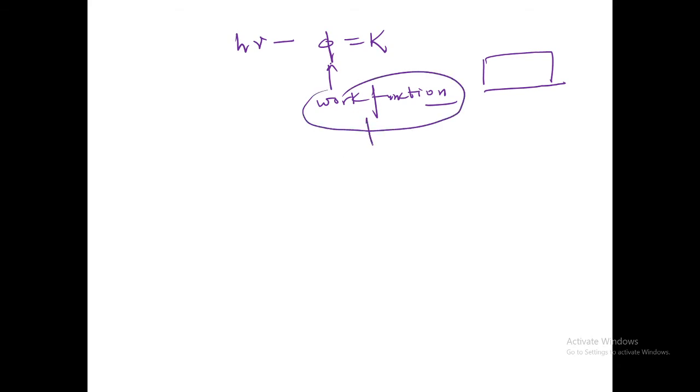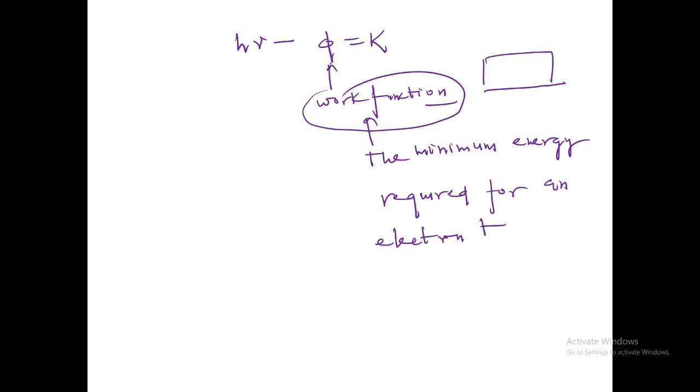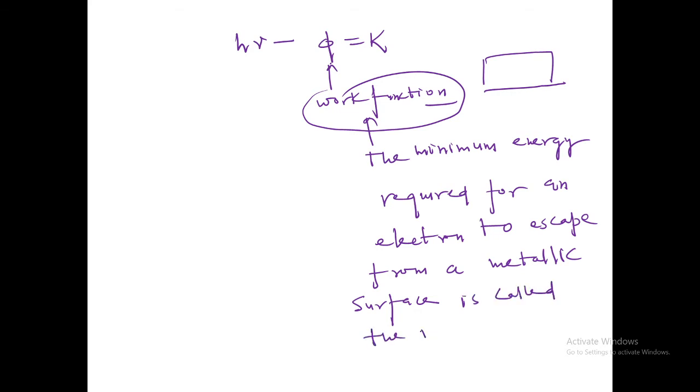So this is nothing but simply the minimum energy required for an electron to escape from a metallic surface, called the work function.